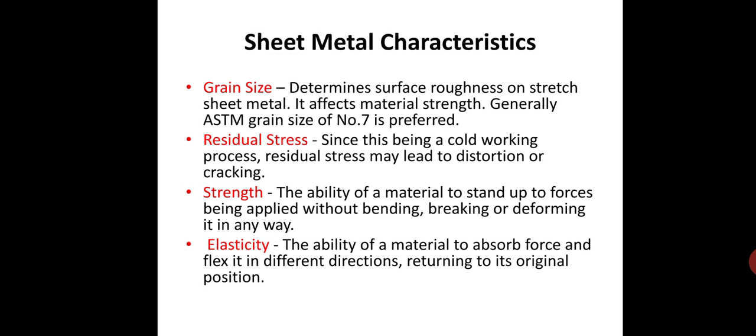The next characteristic is strength: the ability of a material to stand up to applied force without bending, breaking, or deforming in any way. Next is elasticity: the ability of a material to absorb force and flex in different directions, returning to its original position.